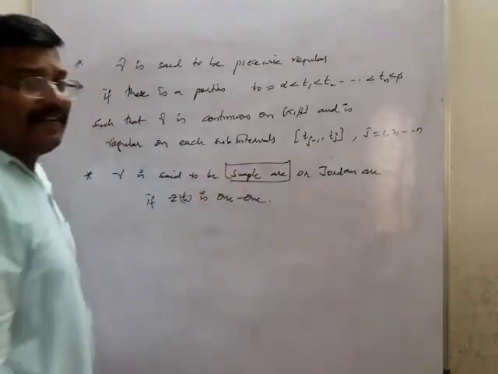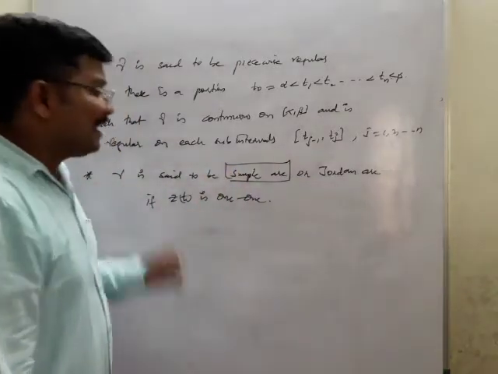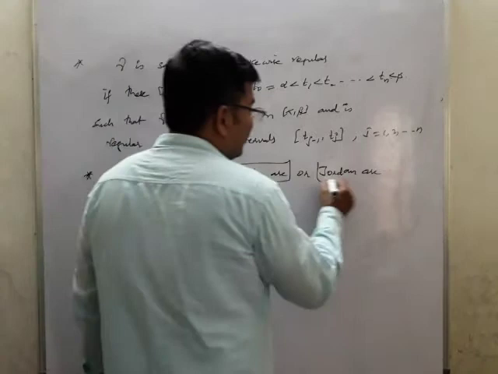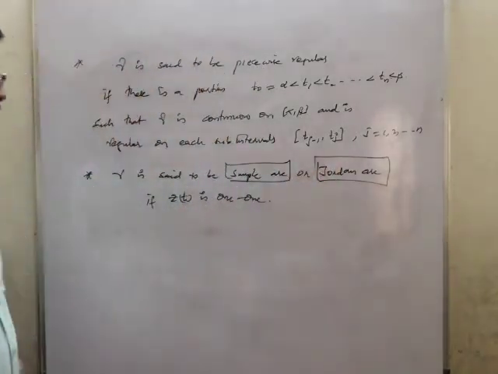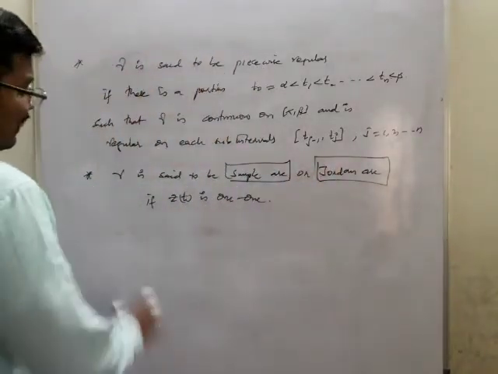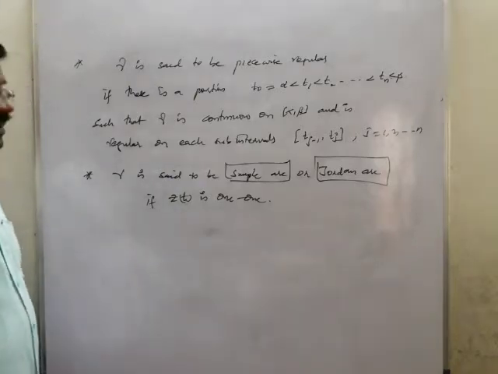Whenever you want to define an arc as a simple arc or Jordan arc, then z of t should be 1-1. Then we can say that it is a simple arc. Otherwise, it's not simple.